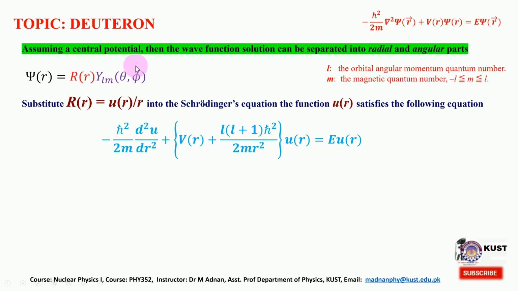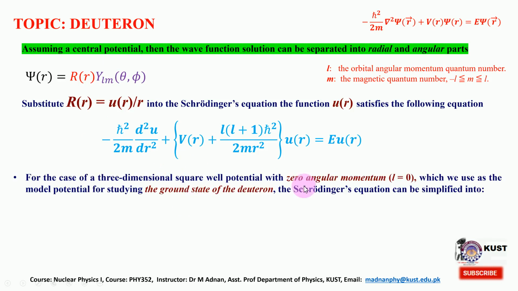So instead of solving it for the complete 3 coordinates r, theta, phi, these theta and phi are not affecting the potential associated with the nuclear force that we are assuming to be square well, so we need to just concentrate on this part. As I told you in the beginning, the Deuteron does not have any excited states.